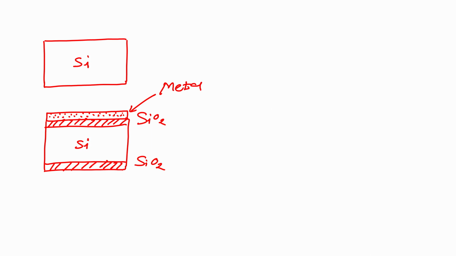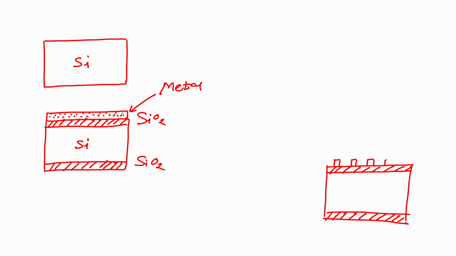Now, I want to pattern this metal such that I can form interdigitated electrodes, as shown on the screen. All right. So, this is my metal, silicon dioxide, silicon, silicon dioxide.